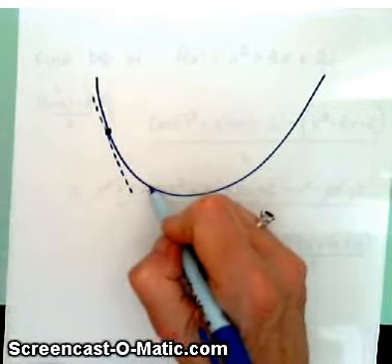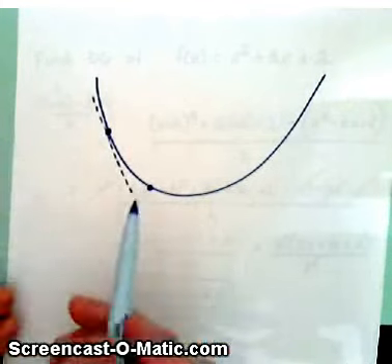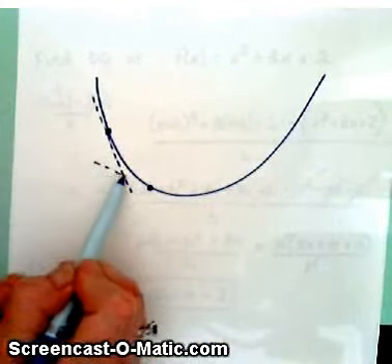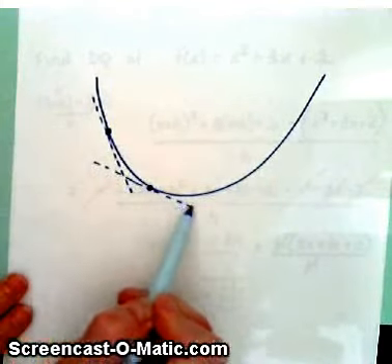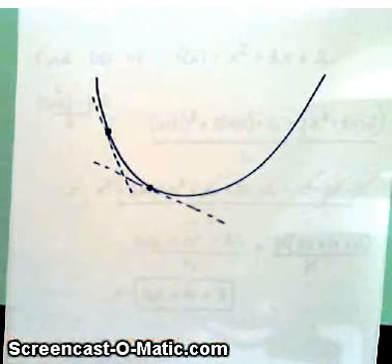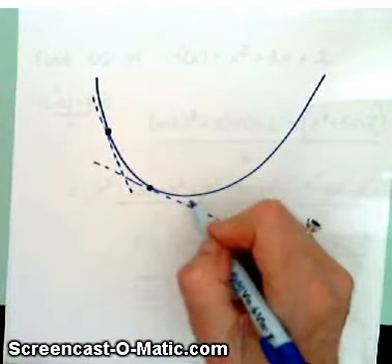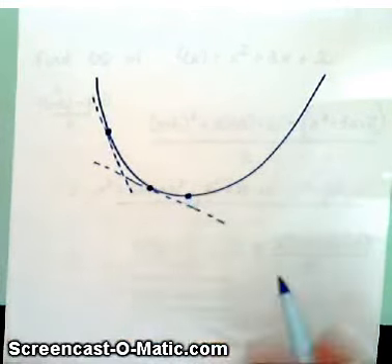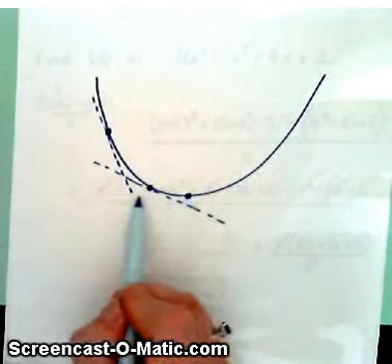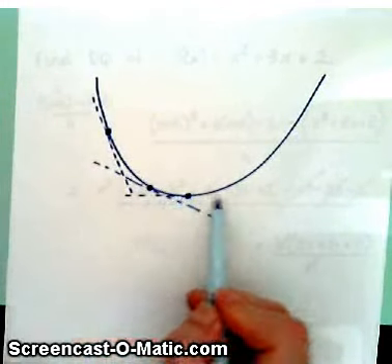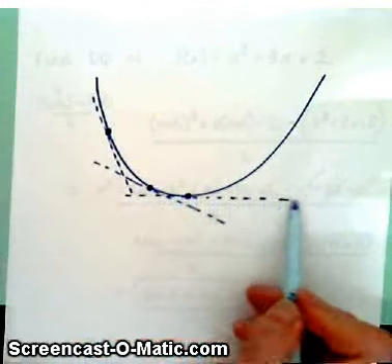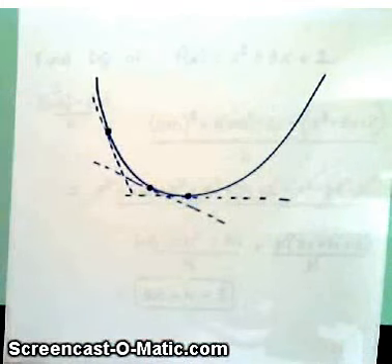If I came to another point on the curve and I drew the tangent line there, it is still negative, but not nearly as steep as the one before. If I were to catch this curve right at the vertex and draw the tangent line there, you can see its slope would be 0. It's not changing at all at that split second.